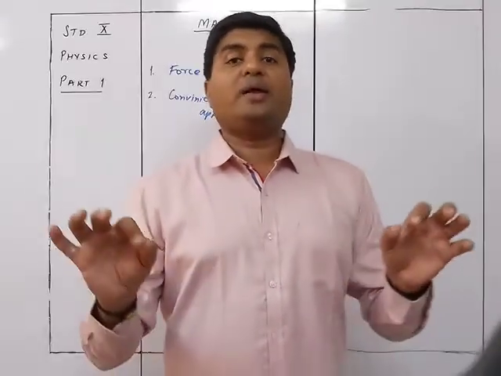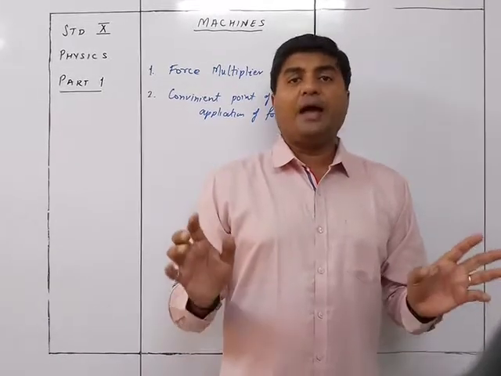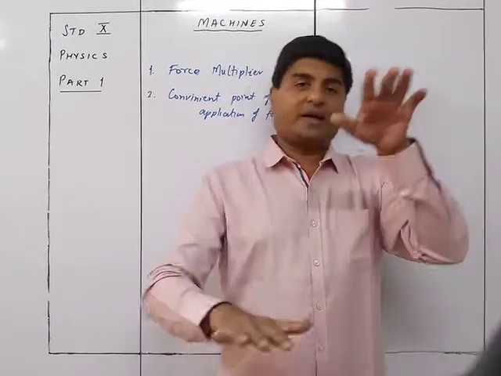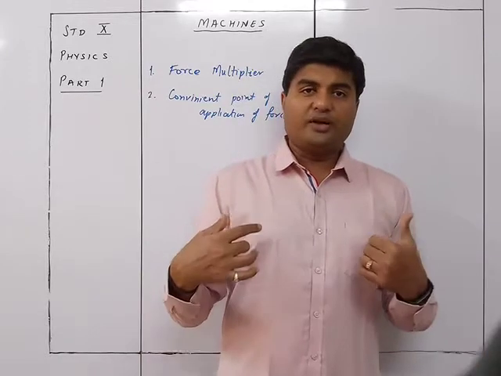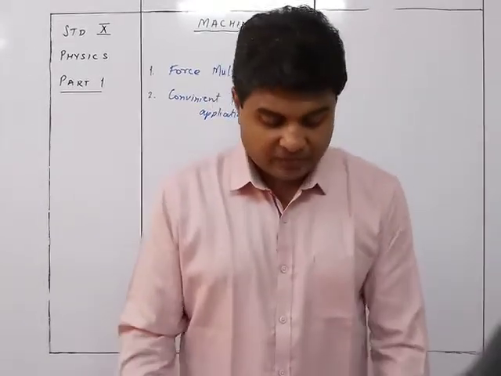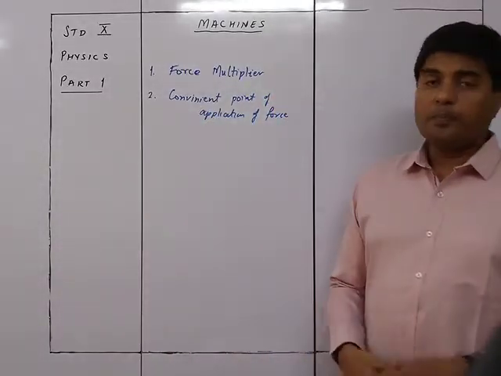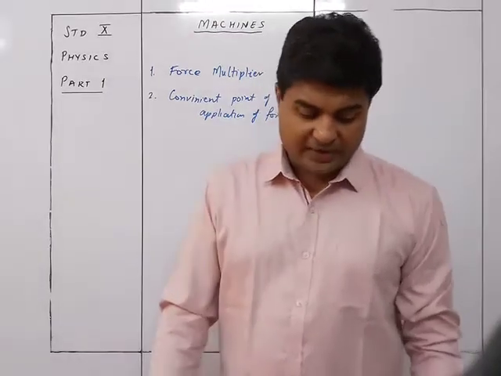So you are in a very convenient mode of application of force, because you are sitting comfortably and pedaling, and you are not on the wheel. That is how you can change the point of application of force to a convenient point.